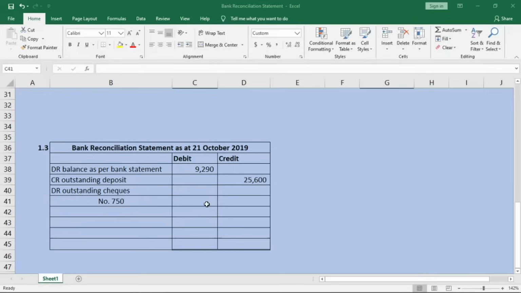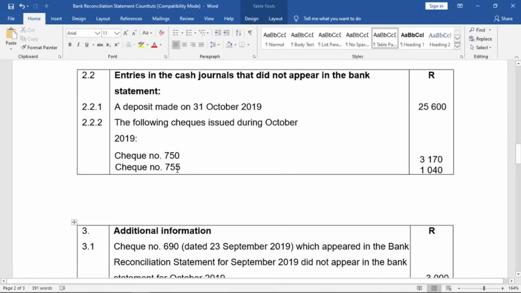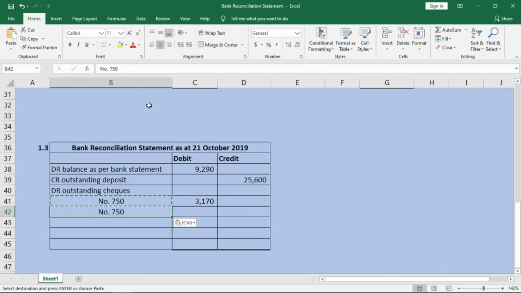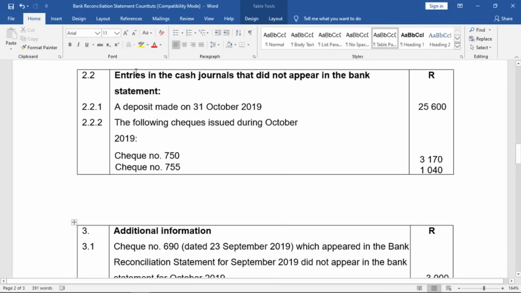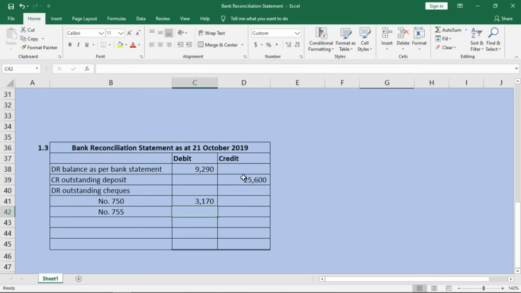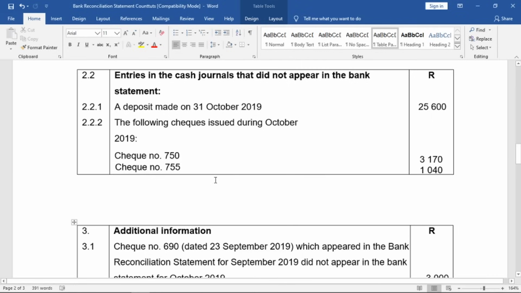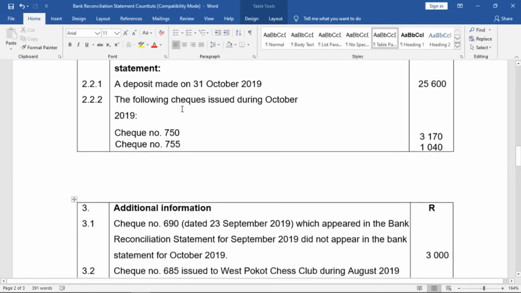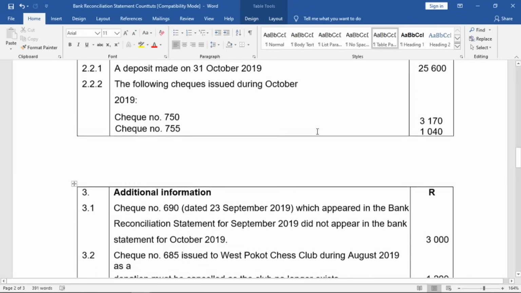So it's 3,170. And then write down check number 755. So check number 755, put in the amount there, 1040. And then we're done with this one, entries in the cash journals that did not appear in the bank statement.